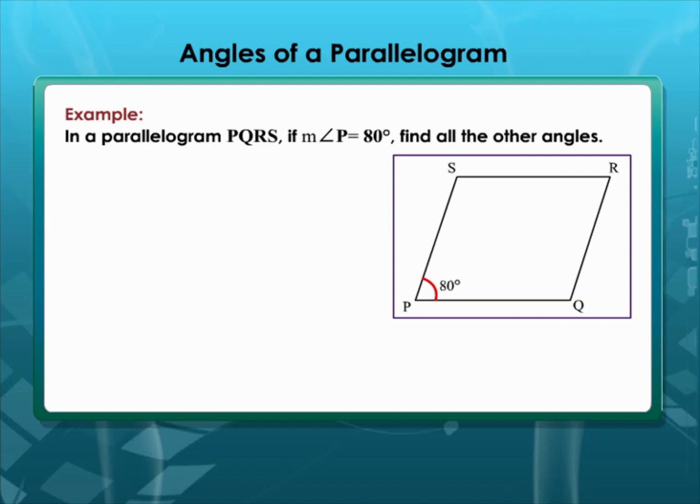Since angle P and angle Q are supplementary, measurement of angle Q is equal to 180 minus 80 degrees equal to 100 degrees. Also, measurement of angle S is equal to 100 degrees since angle S is opposite to angle Q. Thus, measurement of angle P is equal to measurement of angle R is equal to 80 degrees and measurement of angle Q is equal to measurement of angle S is equal to 100 degrees.